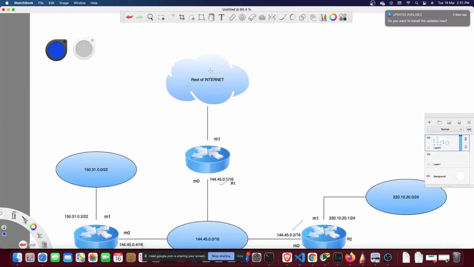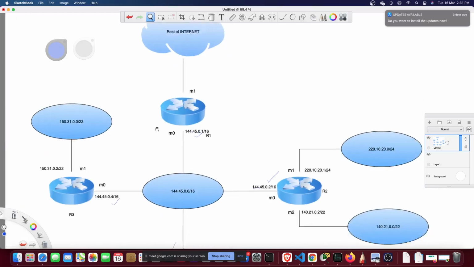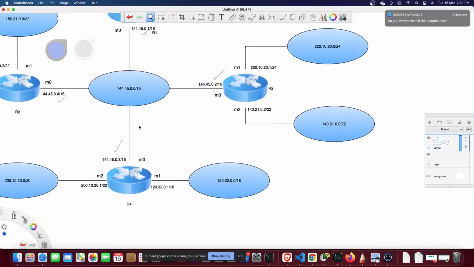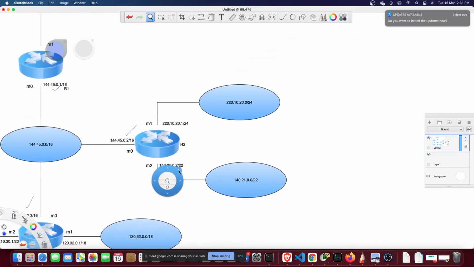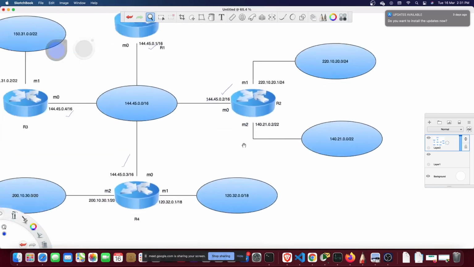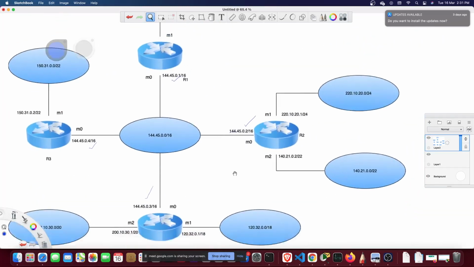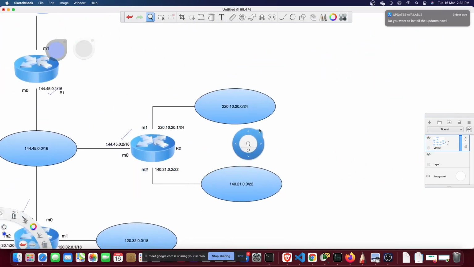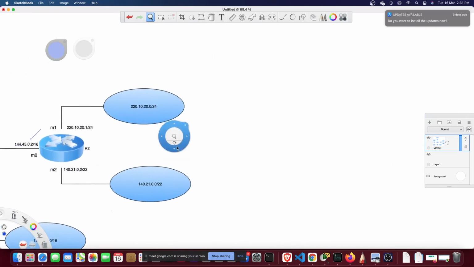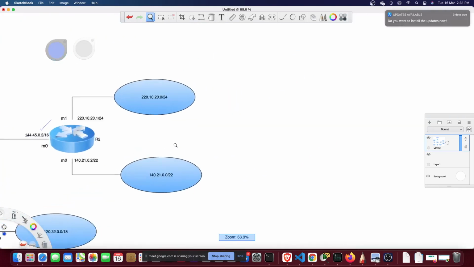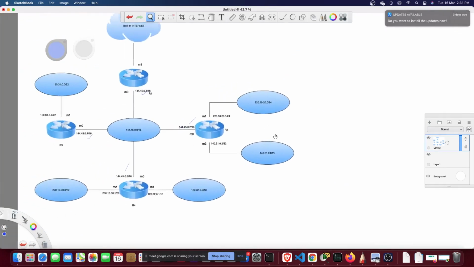As you can see, it is leading to the rest of the internet. Now let's construct a routing table for R2.